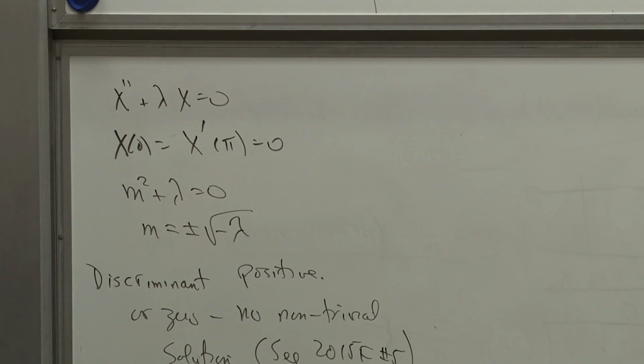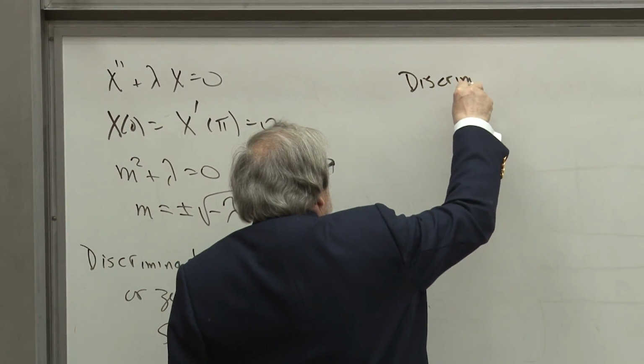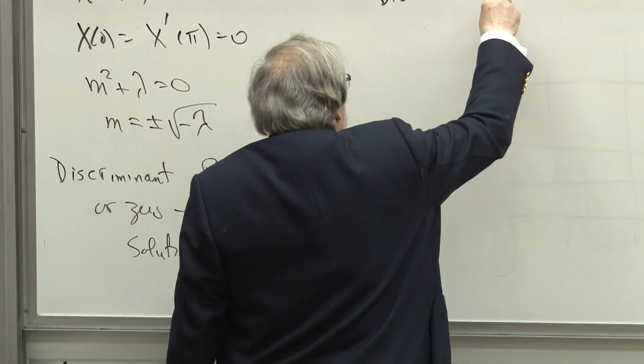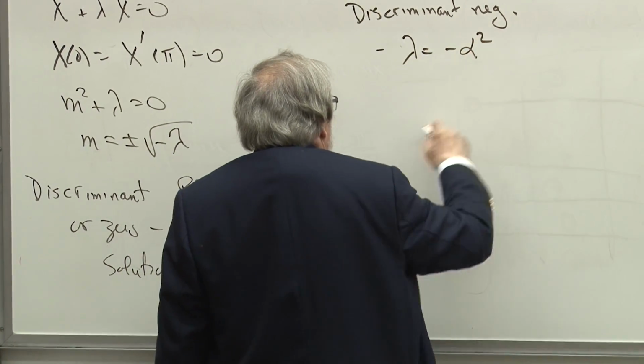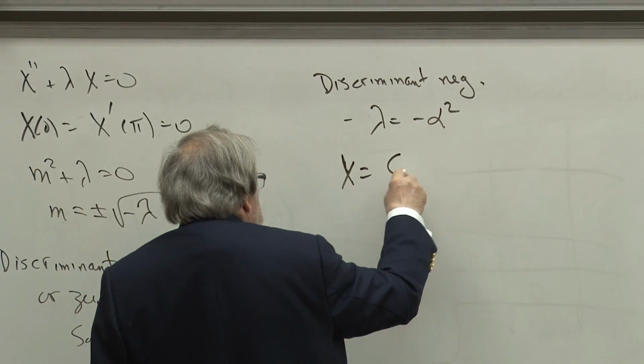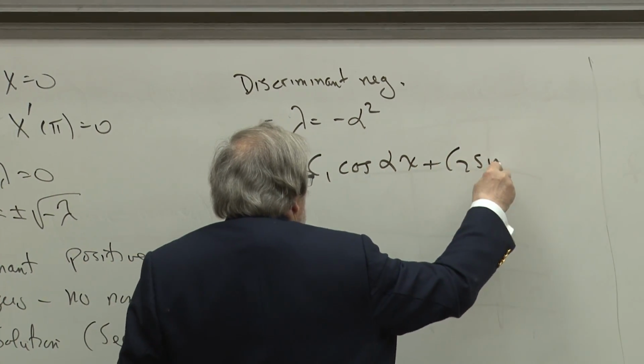So that's the problem back then. I want to do the case where I do get the solution, since I've got a pi here instead, rather than a 1 that was there before. So we just make sure that we've got things correct. The discriminant negative, so negative lambda is negative alpha squared. X is C1 cosine alpha x plus C2 sine alpha x.